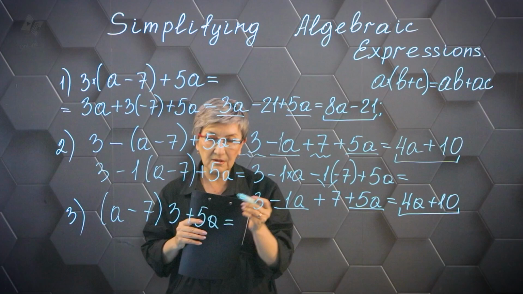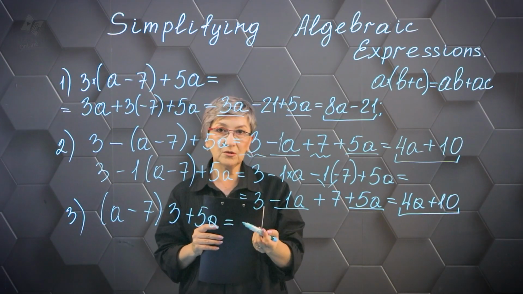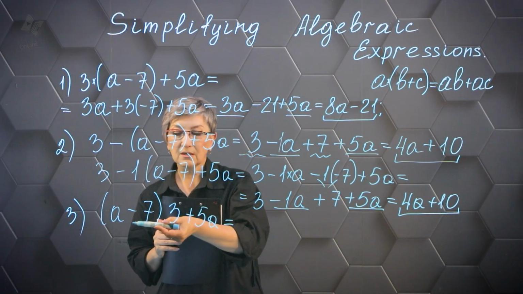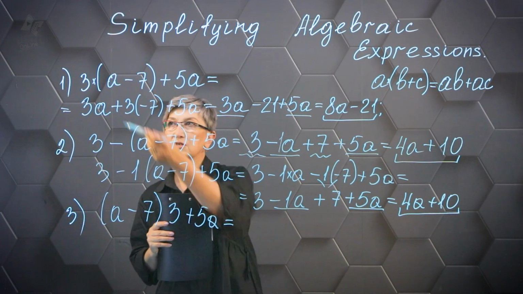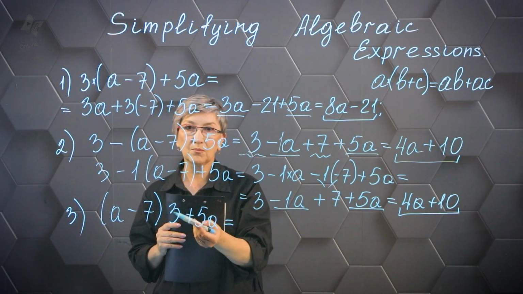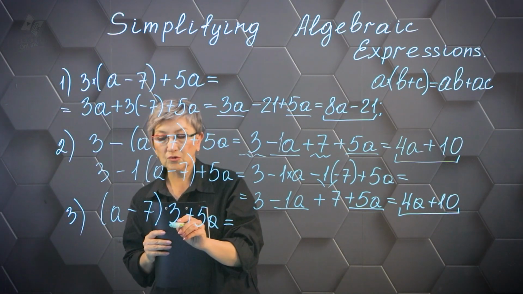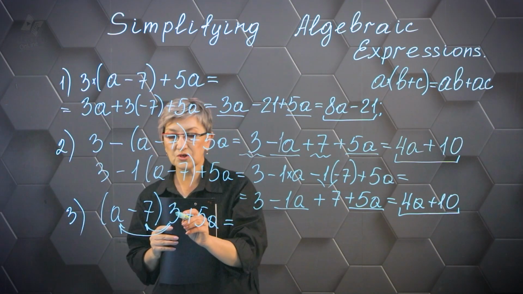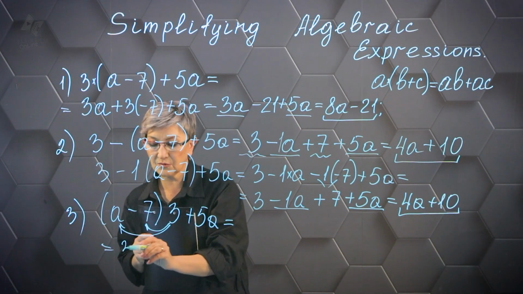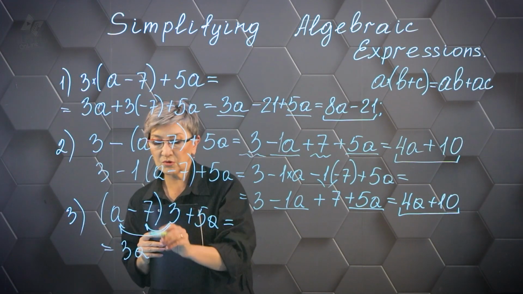What do we do in this case? The point is that this is also a distributive property. It does not matter whether you have a number before the bracket or after the bracket, we apply our property. And we end up with 3 times a. That would be 3a. 3 times minus 7.